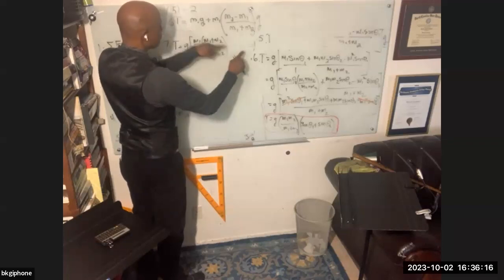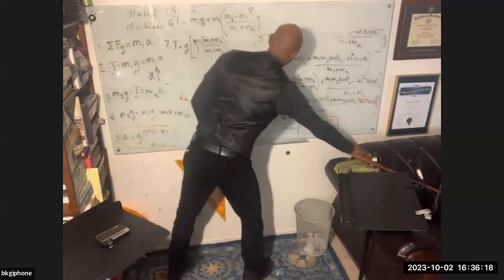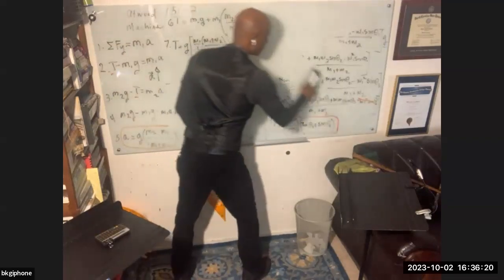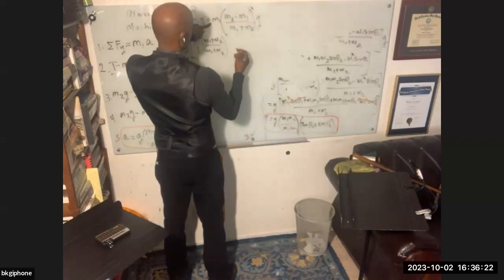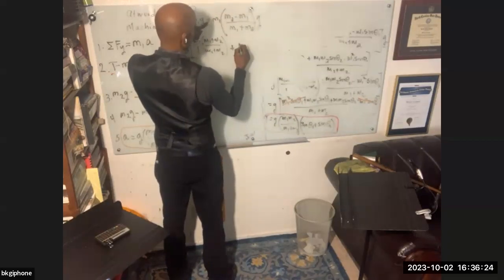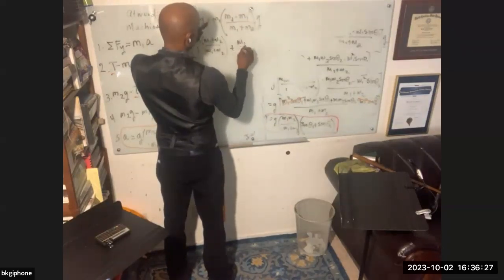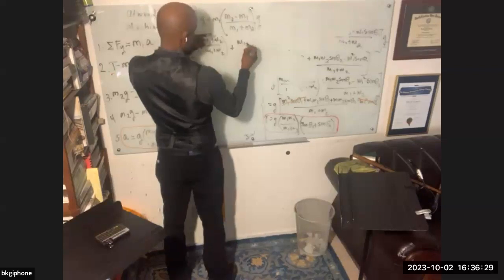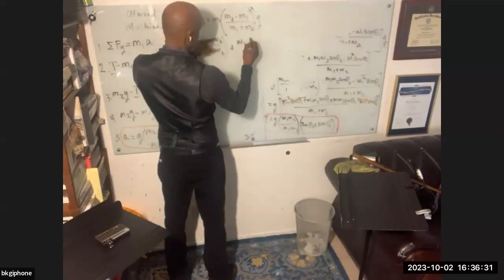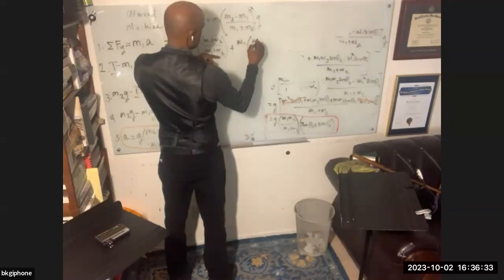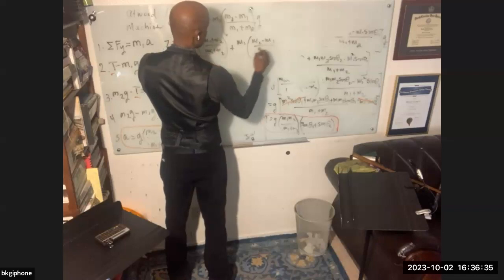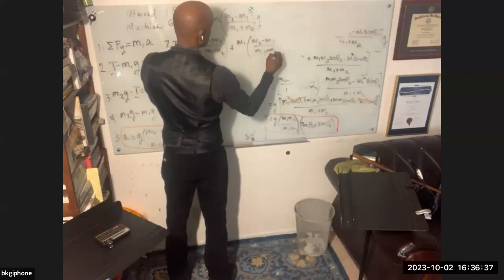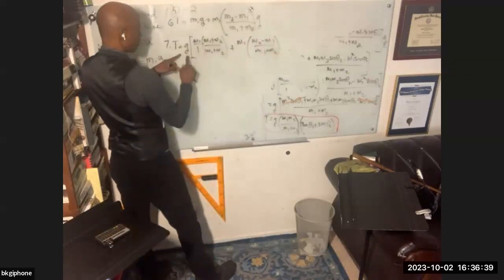And this guy over here is plus M1 times M2 minus M1 over M1 plus M2. I've factored the G out.